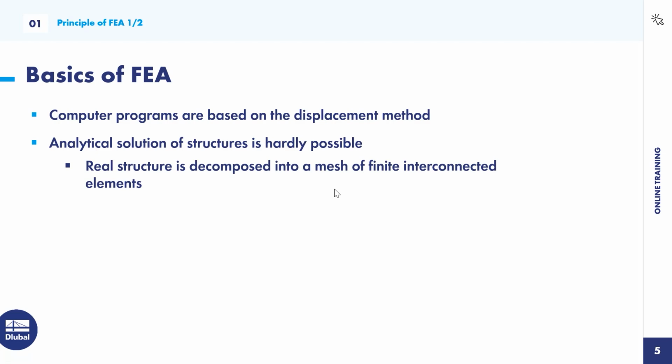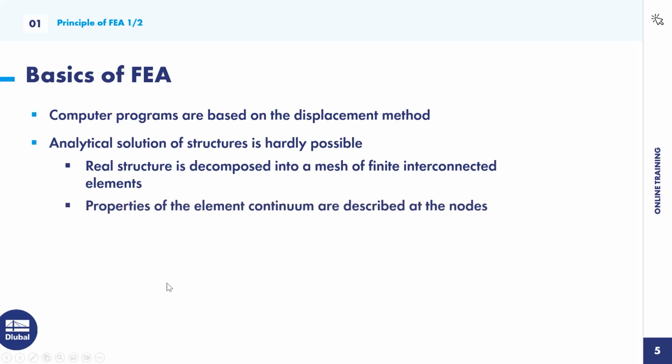We're gonna take the real structure and just cut it down, or decompose it, into a mesh of finite interconnected elements. So they're just a specified amount of elements in the system, and they are connected to each other. We will see it in the next slide as well. There are some graphics for it for better understanding. Then what we also will need is to define the properties of the element continuum.